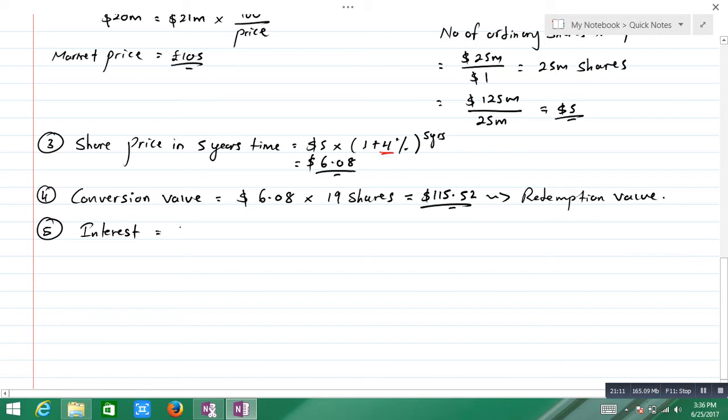Don't forget, the par value is always going to be 100. So we get $7, and our post-tax interest is going to be $7 times 1 minus 30%. It's going to be 4.9. Check.